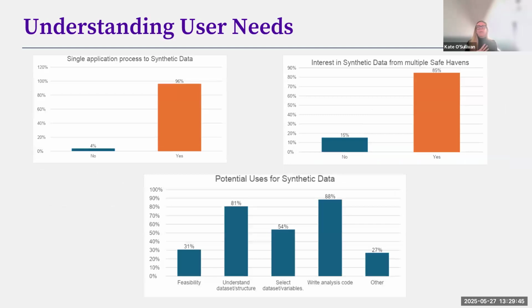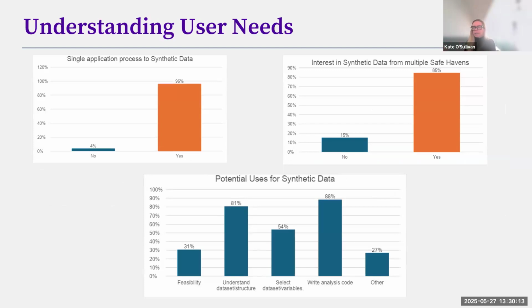As I said, we wanted to tackle the main question of, do our researchers actually want synthetic data? And they very much did. They were very keen to use synthetic data, and what they were really wanting was synthetic data from multiple safe havens, and they wanted a single application process.